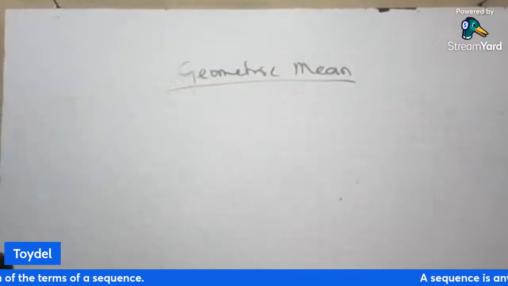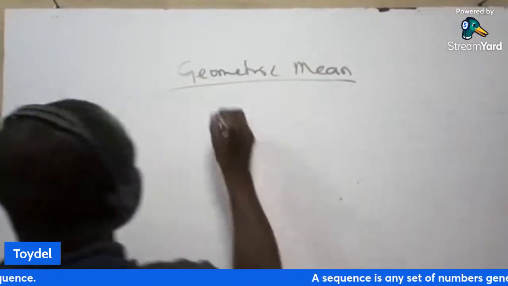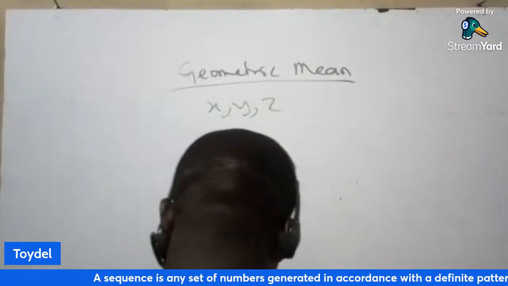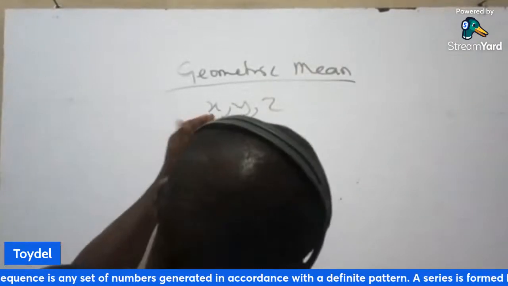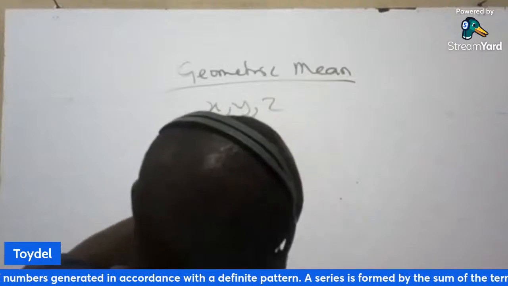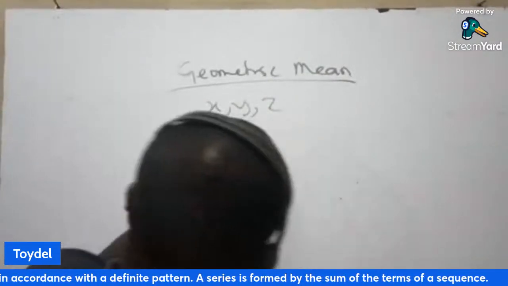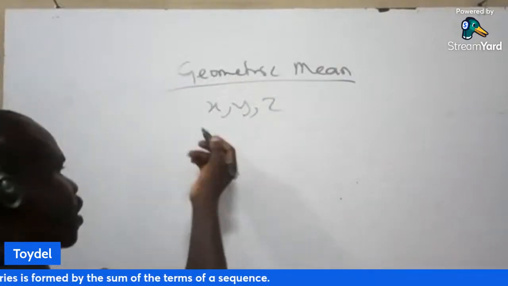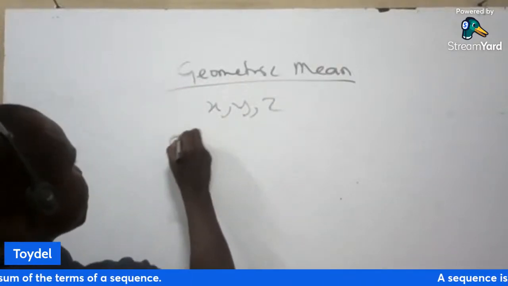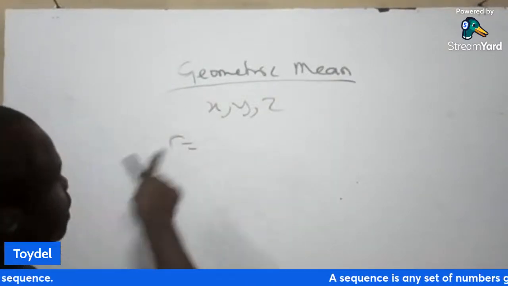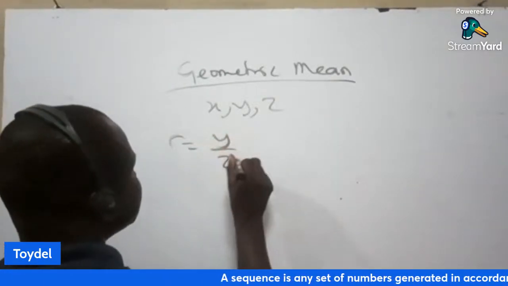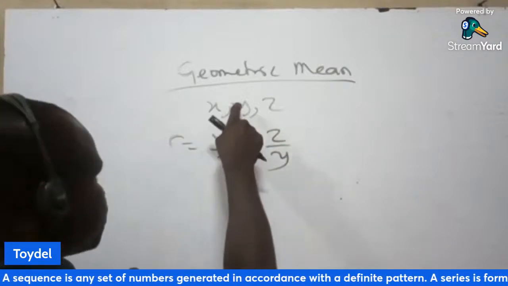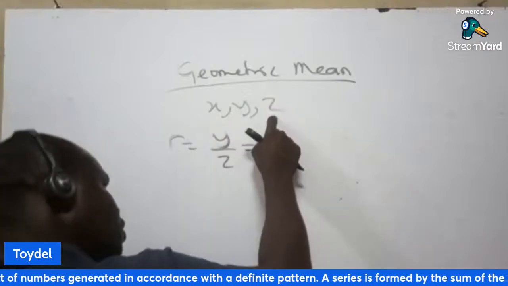That is, if we have 3 consecutive numbers, x, y, and z, and these numbers are in exponential sequence, arranged x, y, z, then how do we get the geometric mean? Of course, here we talk about common ratio, r. Under the arithmetic mean, we talk about common difference. Here we are going to have y all over x to be equal to z all over y, because the common ratio here will be second term divided by first term, or third term divided by second term.